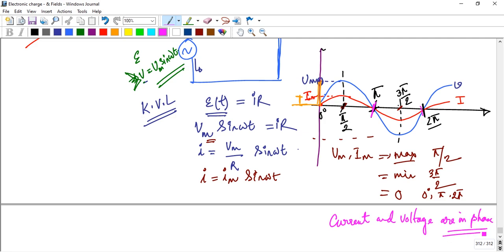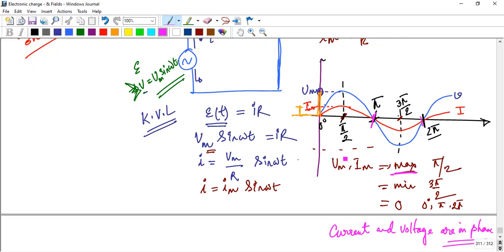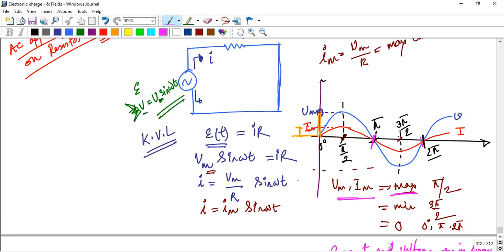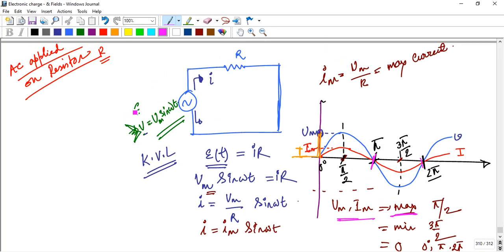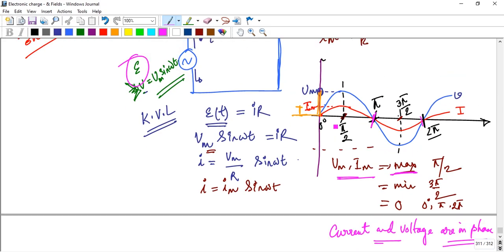Same phase, not out of phase, because the maximum value shows at the same time or same angle. That's why current and voltage are in phase. So when an AC voltage source is applied on a resistor in series, you get no phase difference here. The phase will be the same.